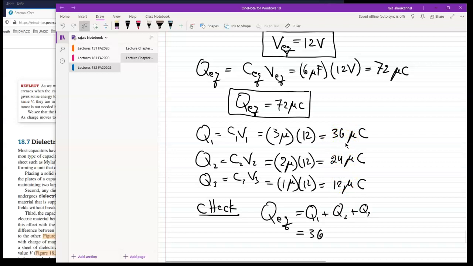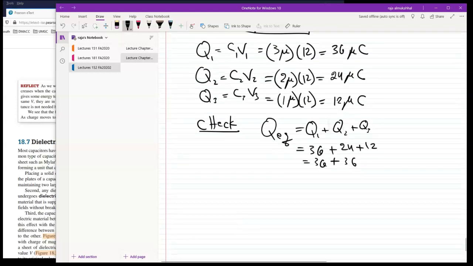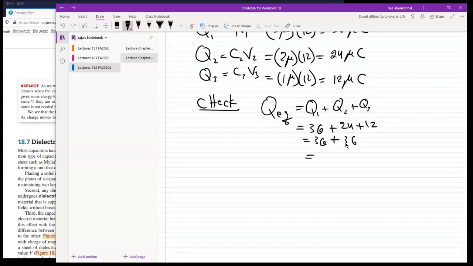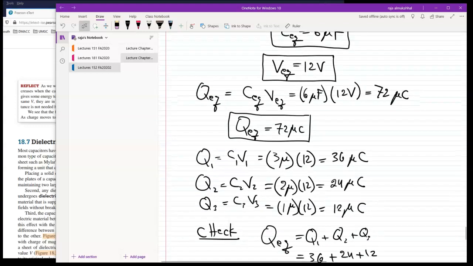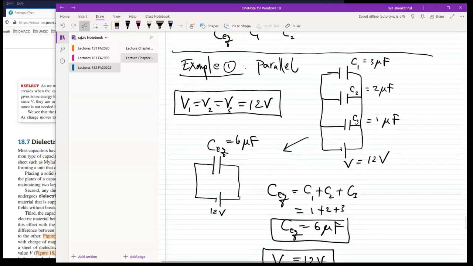I have 36 plus 24 plus 12, and that'll be 36 plus 36, which is equal to 72 microcoulomb. So I've done it correctly. You make sure that you've done it correctly. And there we go. So now I know everything about all the capacitors involved in the parallel combination. I know Q1, V1, C1, Q2, V2, and C2, and so on. That's how you do it.